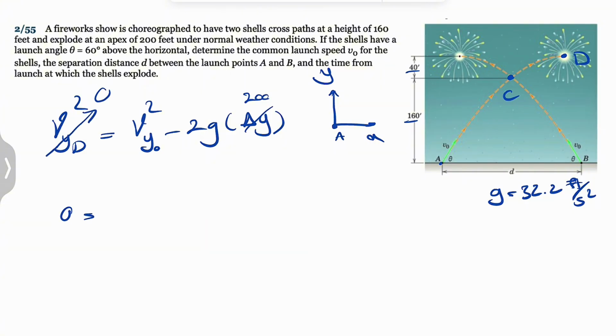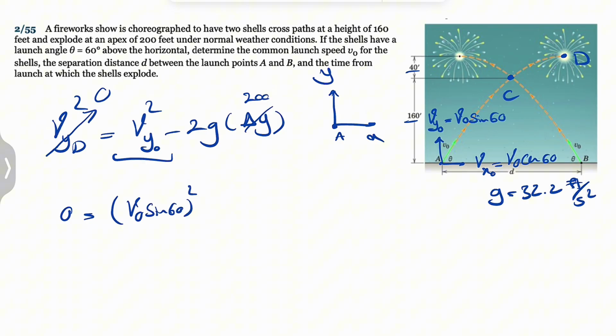So 0 is equal to the velocity in the y direction, where we can resolve the v. This will be our vy0, which is v0 sine of 60 degrees, and the velocity in the x direction would be v0 cosine of 60 degrees. So we have v0 sine of 60 degrees all to the power of 2, minus 2 times 32.2 times 200.